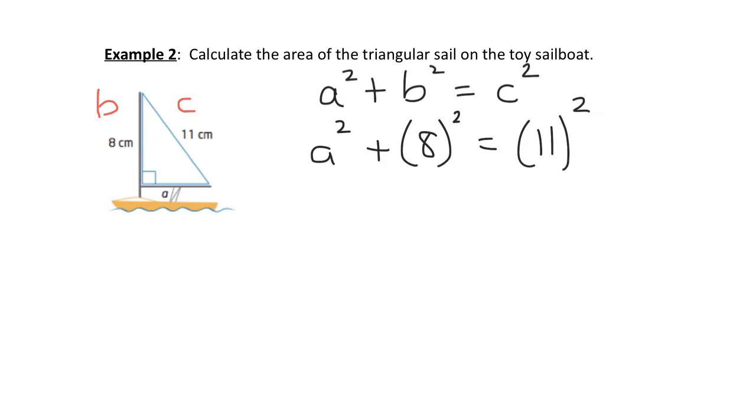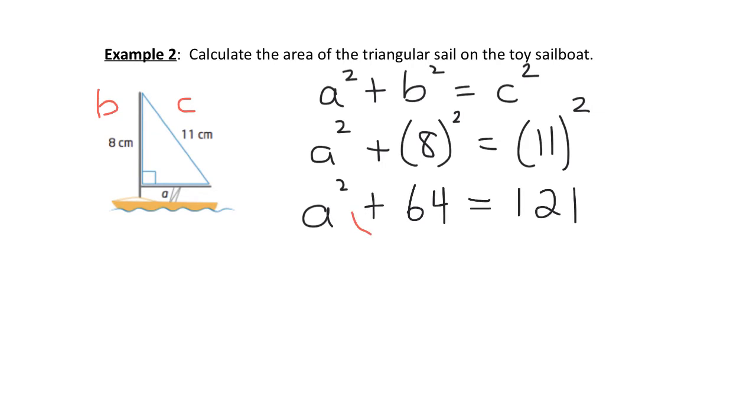So we are first going to simplify the equation as much as possible. So I have a squared, 8 squared is 64. And that is equal to 11 squared, which is 121. So because we need to solve for the variable a, the next thing that we want to do is collect like terms.